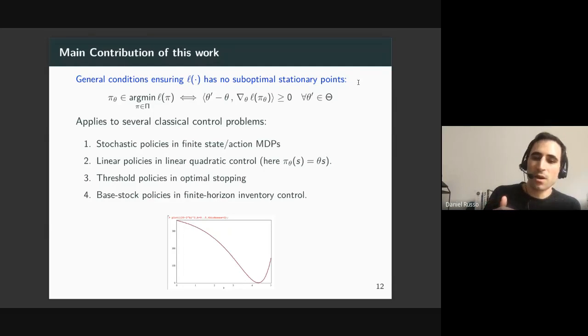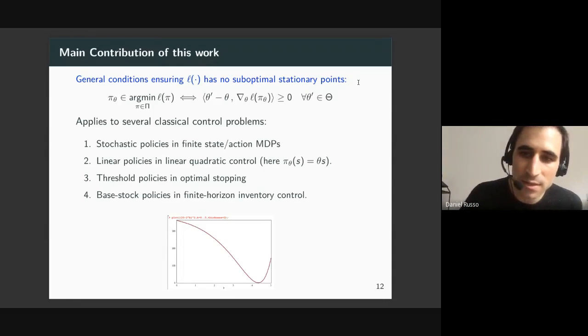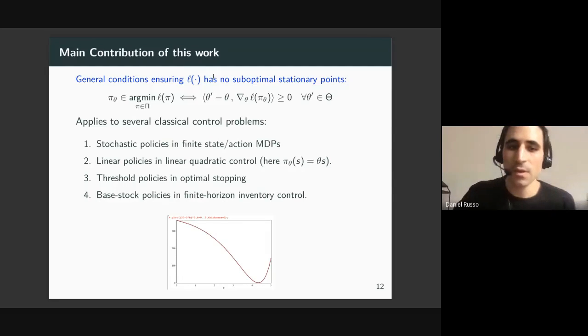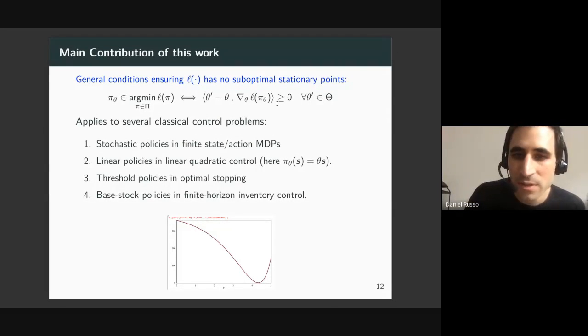Under fairly broad conditions on the loss function L, first order methods, even stochastic first order methods, are guaranteed to reach a first order stationary point. This is a point satisfying the first order necessary conditions for optimality, and essentially a point from which the algorithm can make no more progress locally.